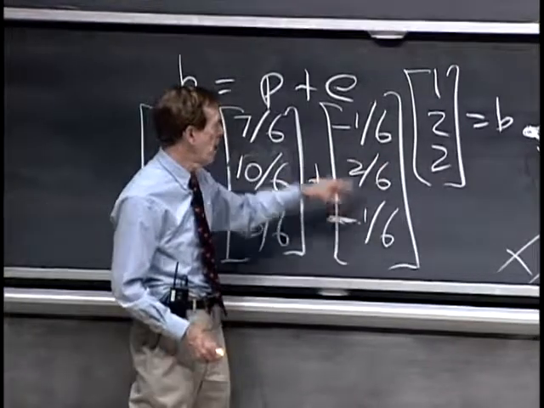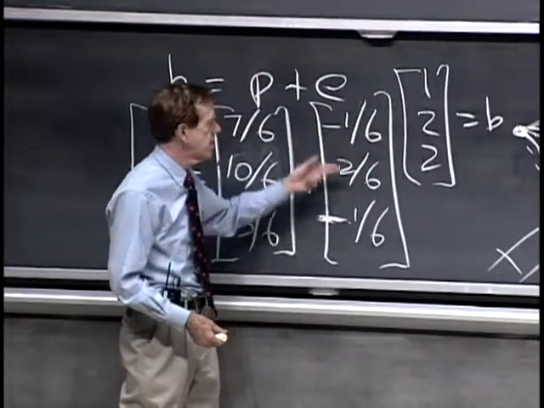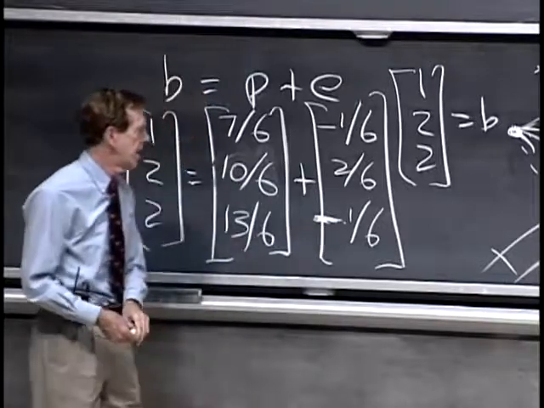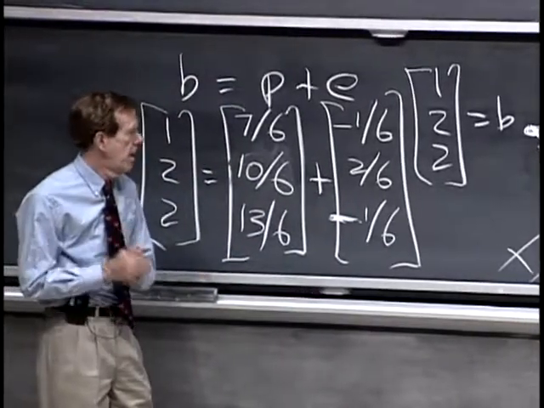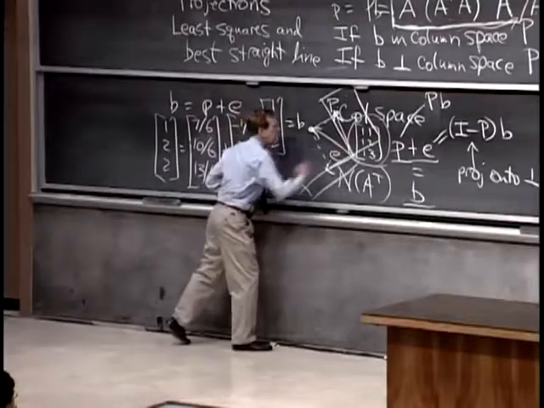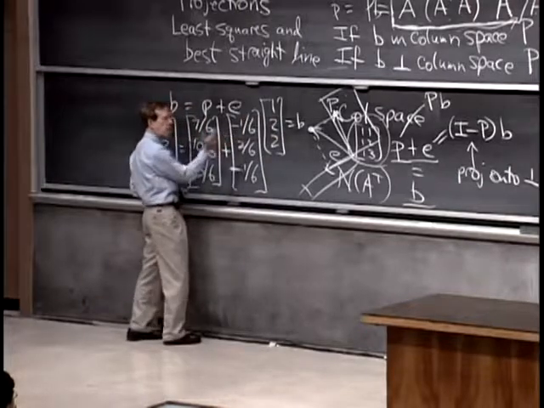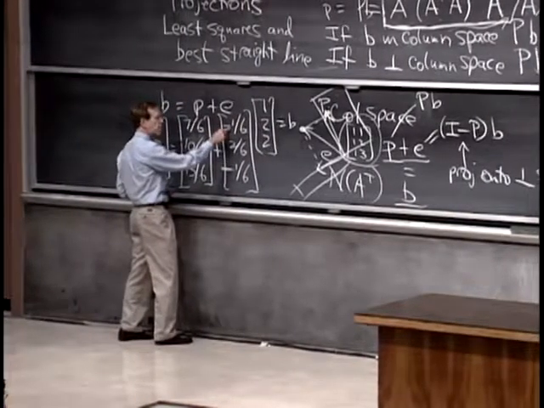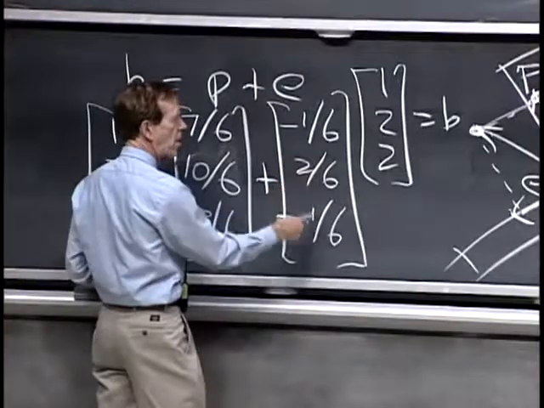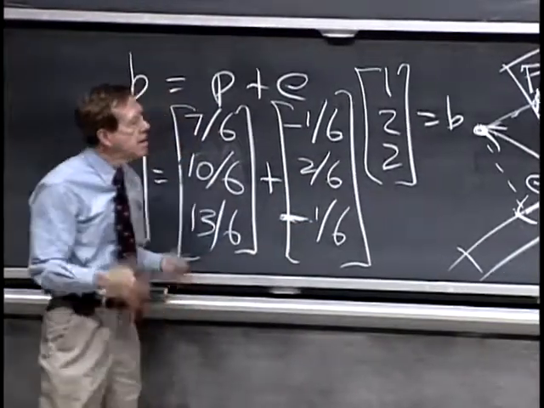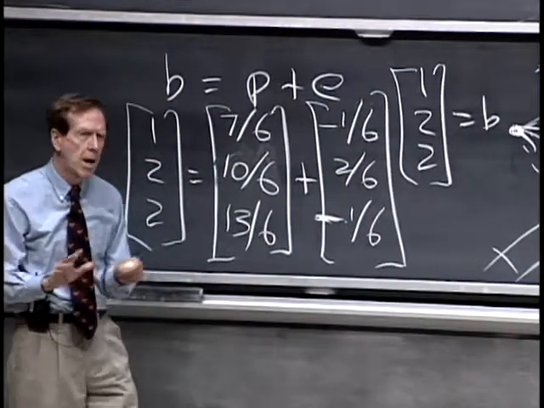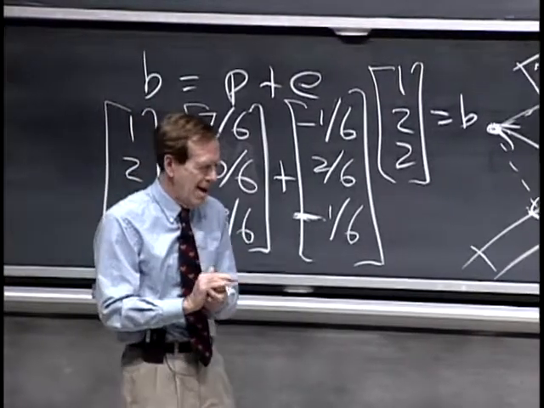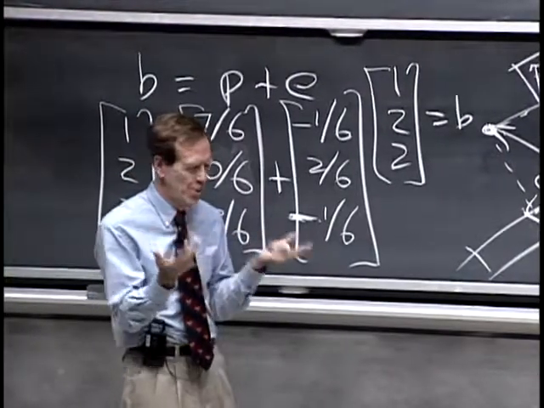If I take the dot product with 1, 1, 1, I get minus 6 plus 2, 6, minus 6, 0. And it's perpendicular to 1, 2, 3. Because if I take the dot product with 1, 2, 3, I get minus 1, plus 4, minus 3, 0 again.